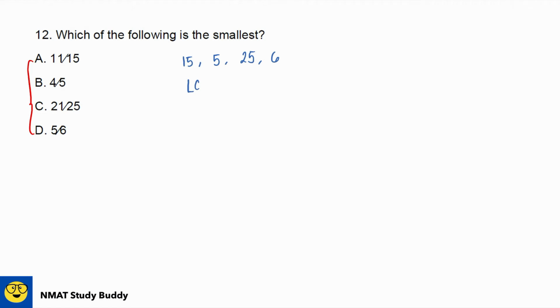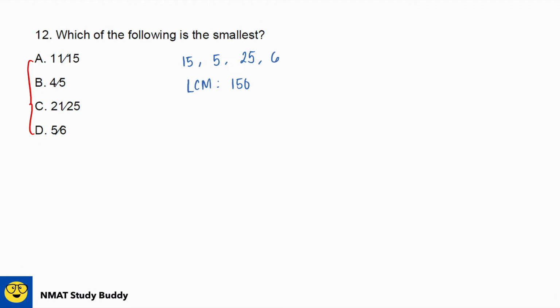Kailangan kunin natin yung least common multiple nila. Kung di pa kayo familiar sa least common multiple, you can watch some videos online kung paano kinukuha yung LCM. Or pwede rin kayo magbasa. So, pag kinuha natin yung least common multiple ng 15, 5, 25, and 6, yung makukuha natin is 150.